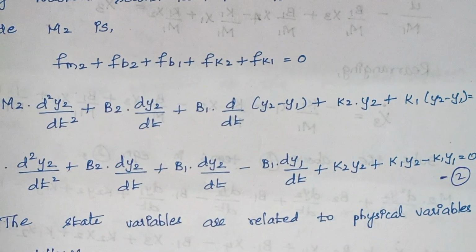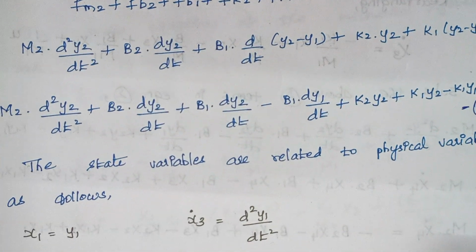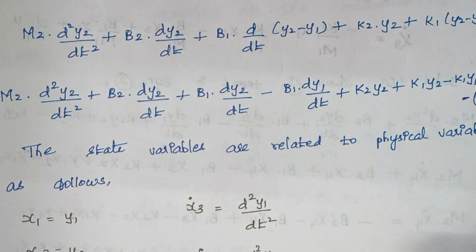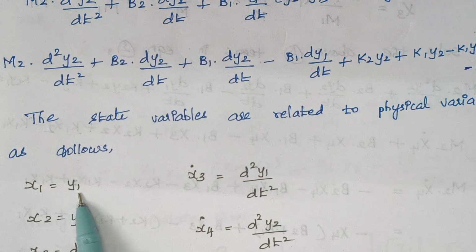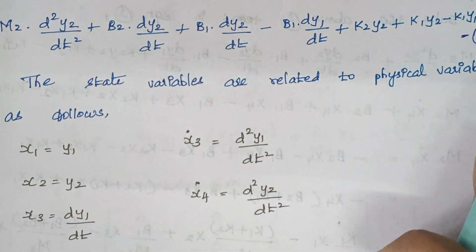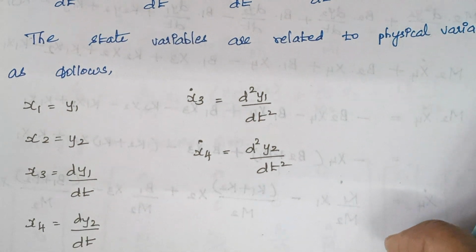Now we are going to select our state variables based upon these two equations 1 and 2. Initially we start with our displacement. We have two outputs, that is two displacements y1 and y2. So x1 is equal to y1 and x2 is equal to y2. Again, in our expressions we have differentiated terms.